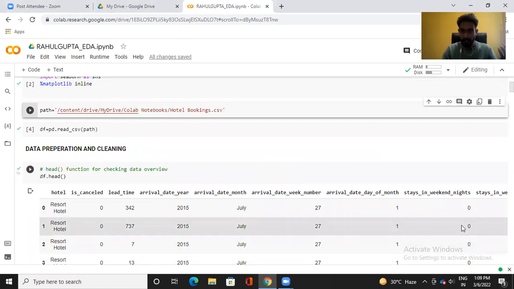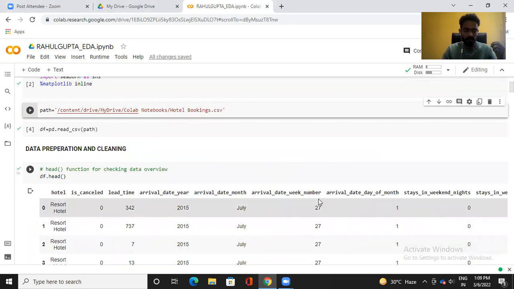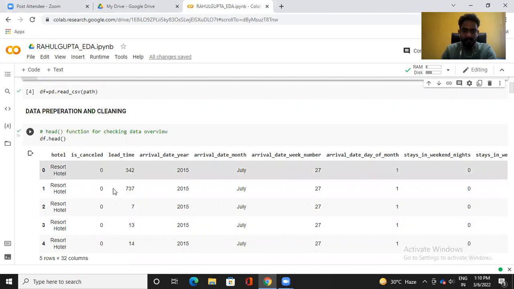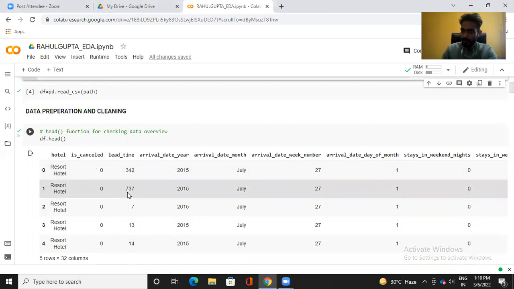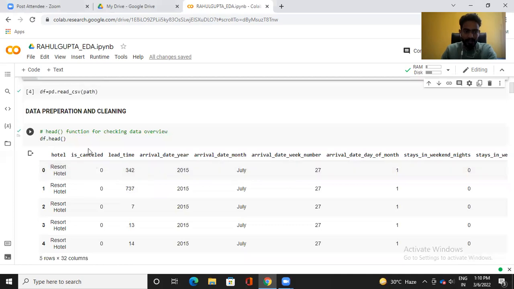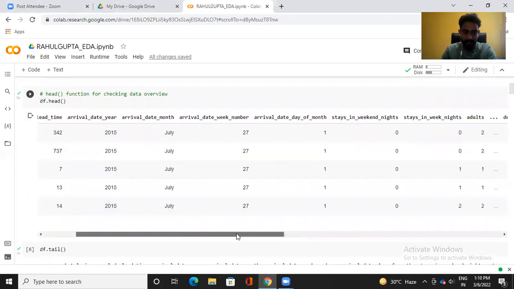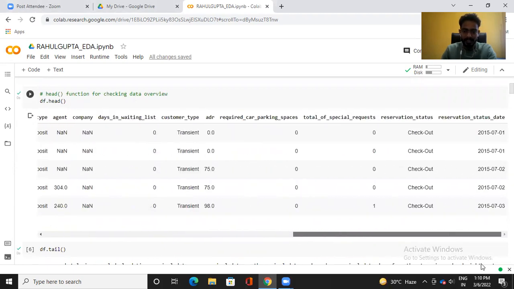Firstly, I used the function df.head for seeing what our data actually is, what columns, indexes, and rows are present. Through df.head, the first 5 rows are shown, and from this I can clearly see the rows and columns present in my data set.